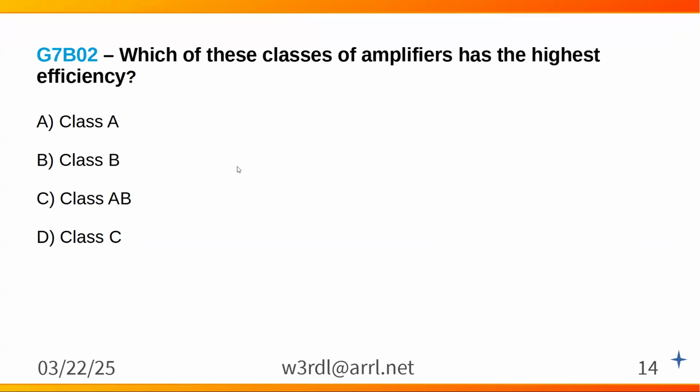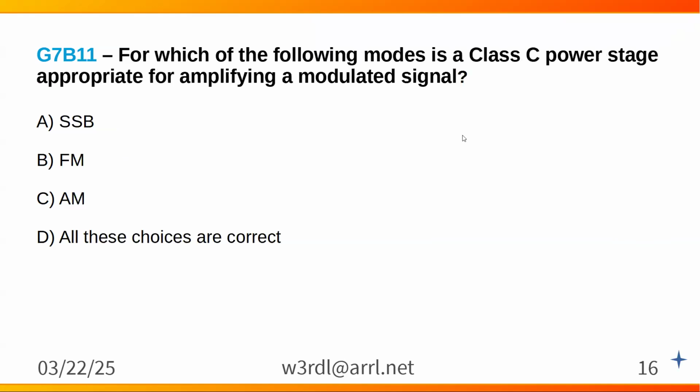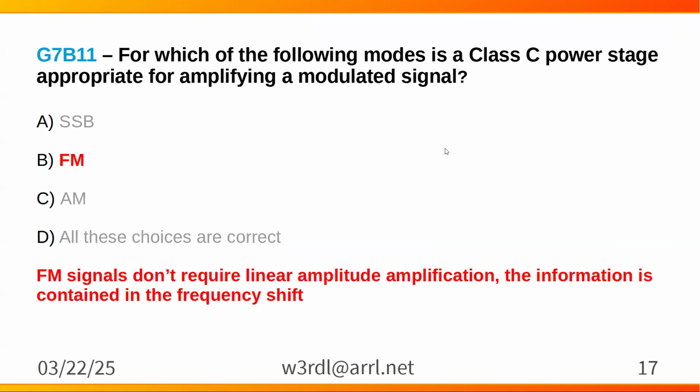Which of these classes of amplifiers has the highest efficiency of the four listed? Delta. For which of the following modes is a Class C power stage appropriate for amplifying a modulated signal? Bravo.